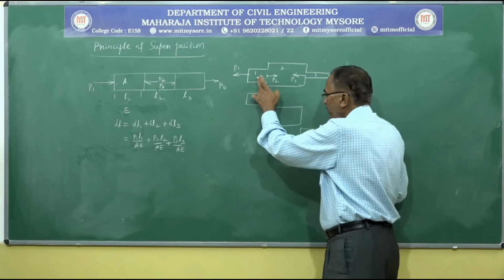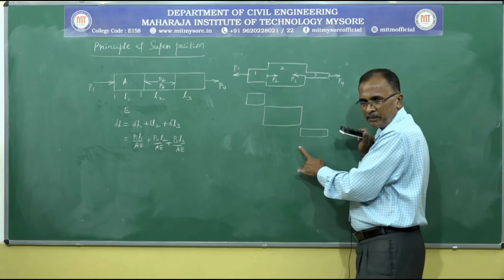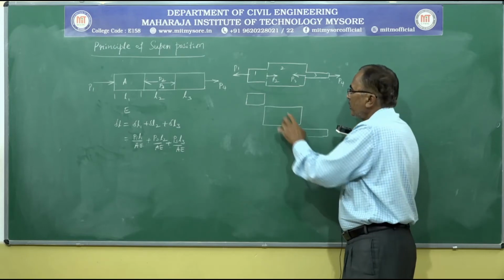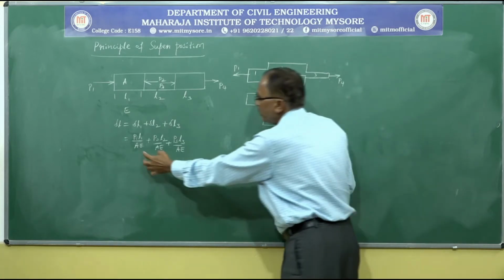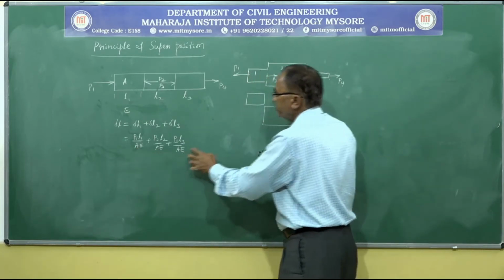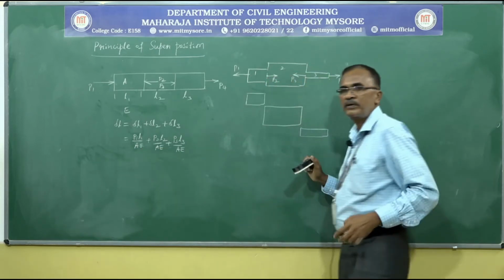If the bar is made up of the same material, Young's modulus will be the same and cross-sectional areas are different. Here you can write A1, A2, A3 and we retain Young's modulus the same.